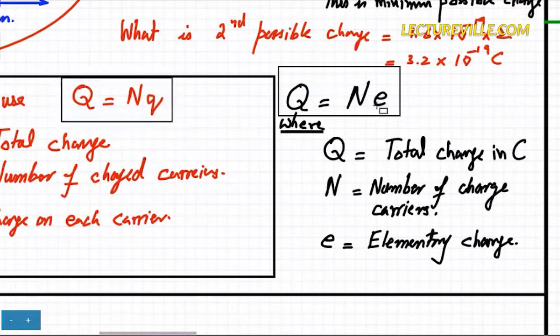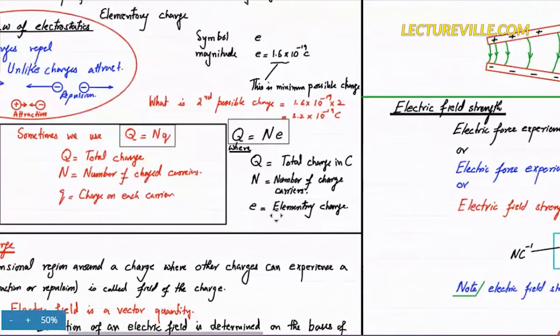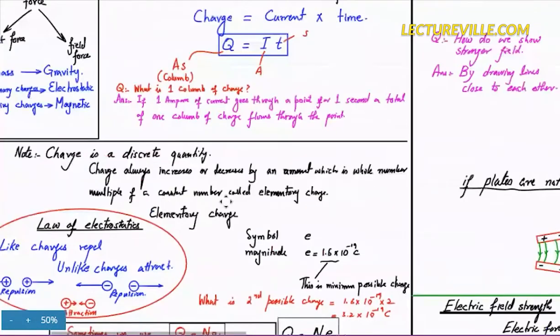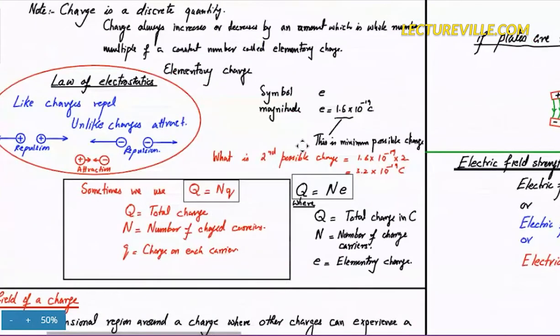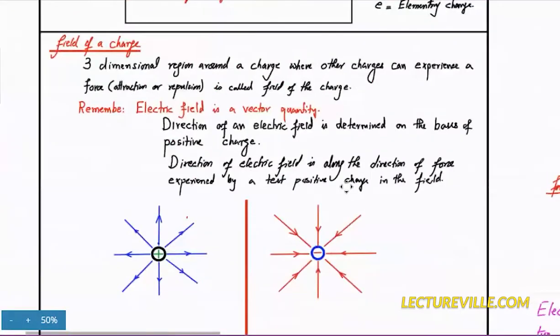Both formulas are exactly same. Sometimes we use E, sometimes we use Q. And there is a very small difference as well. If charge on every particle is elementary charge, we can use E. And if it is any other charge, we can use Q. So till now, we have discussed three formulas: Q equals to IT, Q equals to NE, and Q equals to NQ.